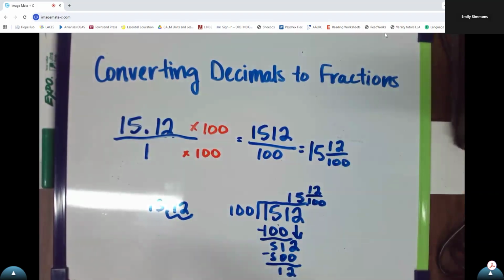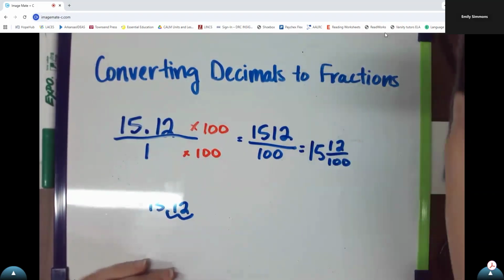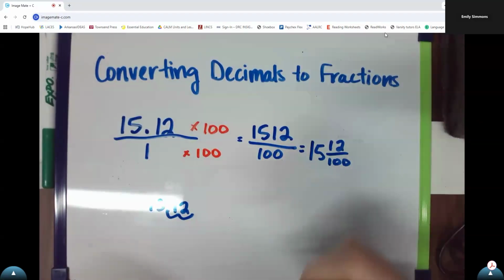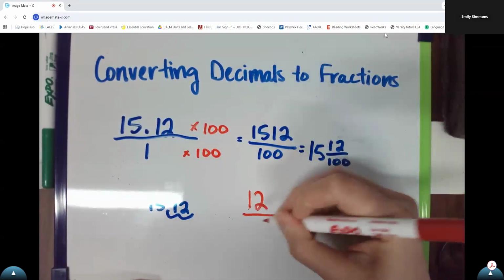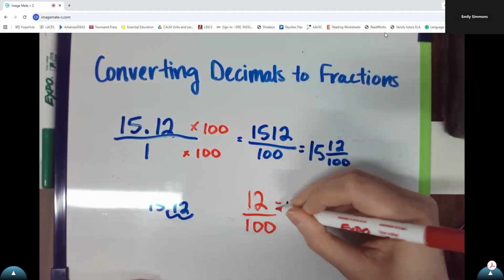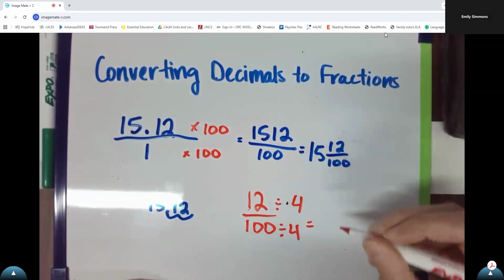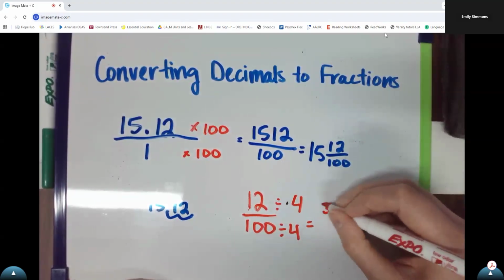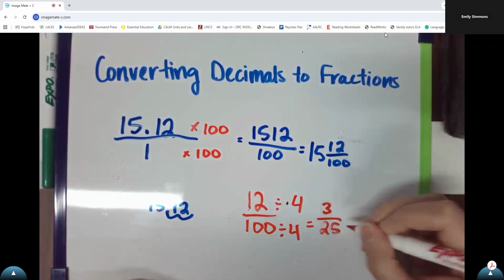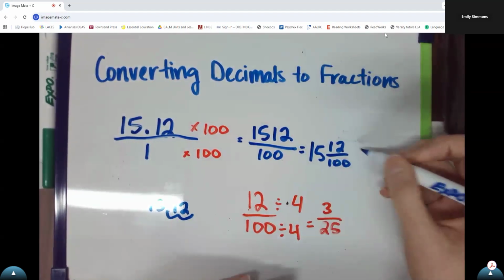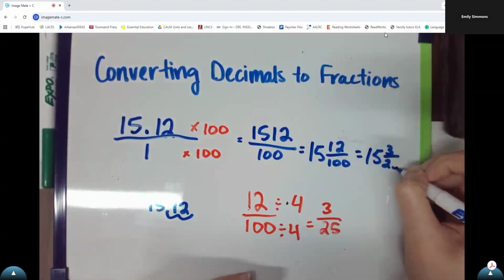And then 12 over 100 can simplify down. 12 is divisible by 4, and 100 is divisible by 4. So 12 by 4 is 3, and 100 by 4 is 25. So my final answer here will be 15 and 3/25.